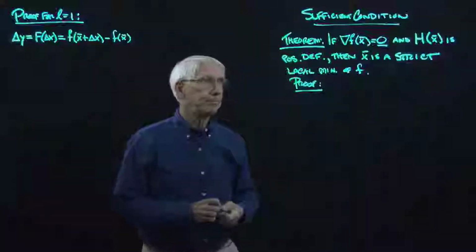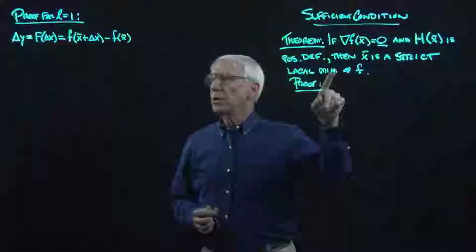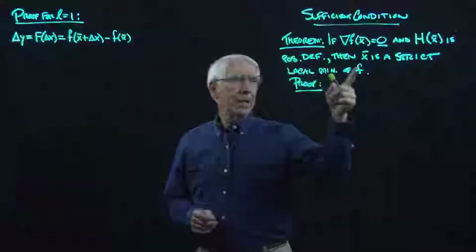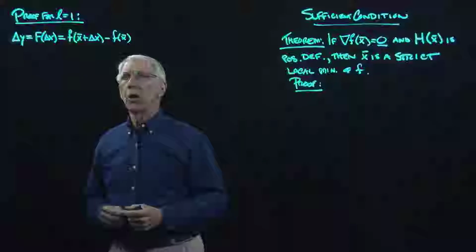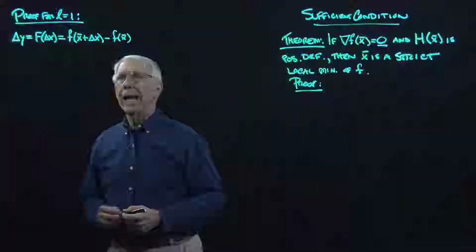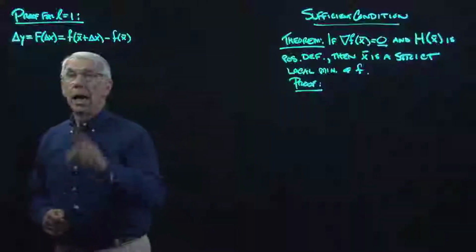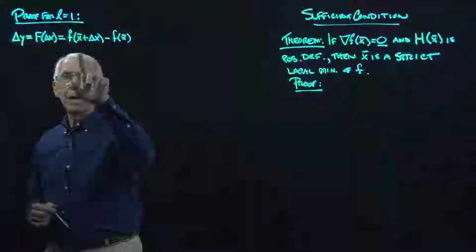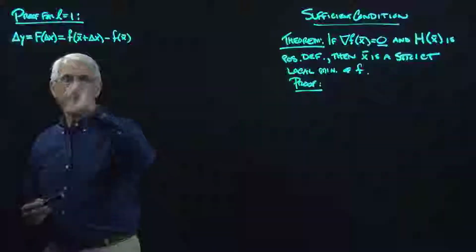And now we want to make sure that x bar is a local minimum here. So let's actually write down our Taylor second degree polynomial approximation to this function.